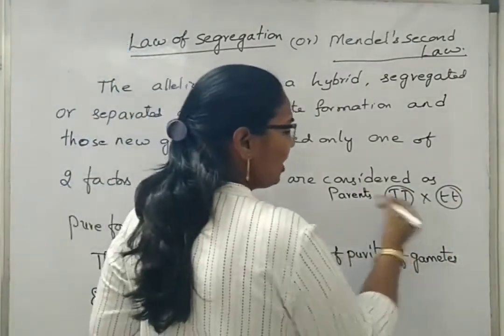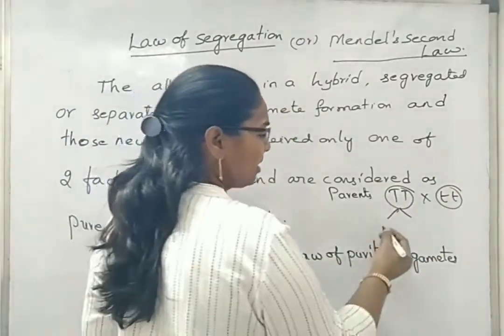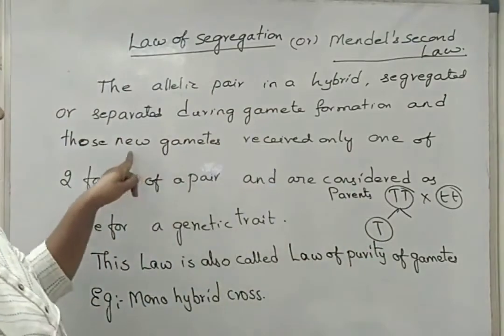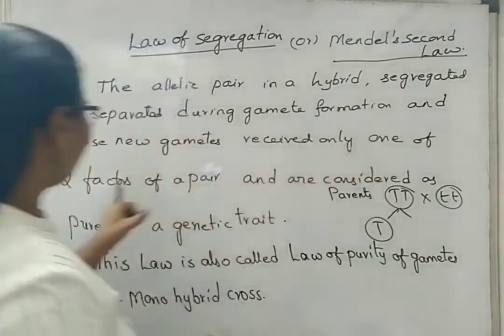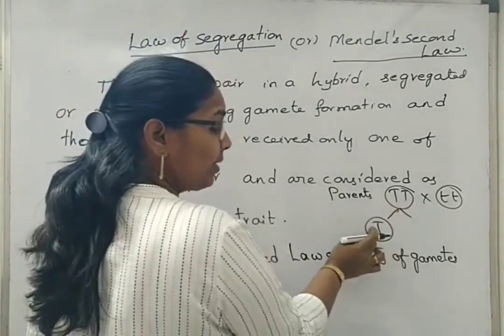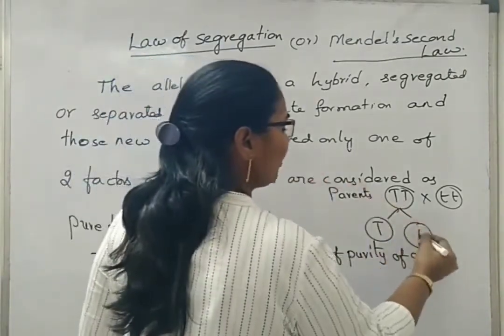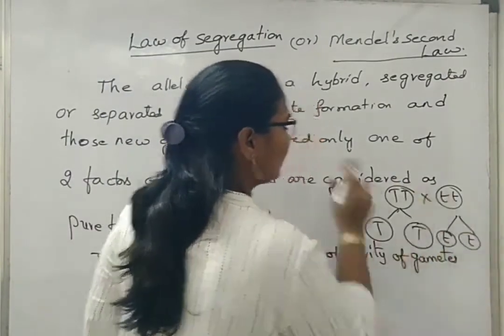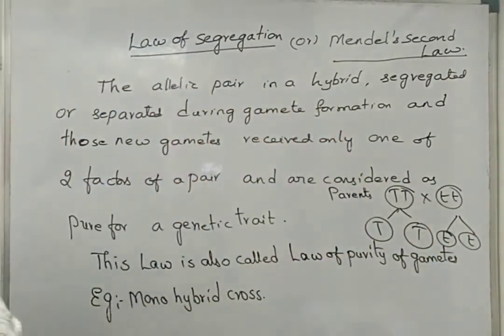We also have seen the obtaining of parental gametes, where a gamete obtains only one allele. The new gametes received only one of the two factors of a pair. This is a pair of alleles, but in the gamete we have only one allele or one factor. This we can consider as the best example to explain the definition.